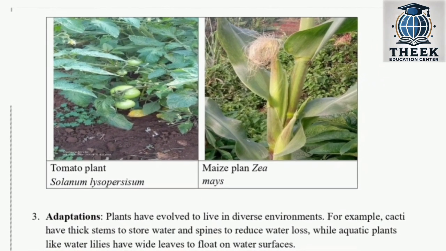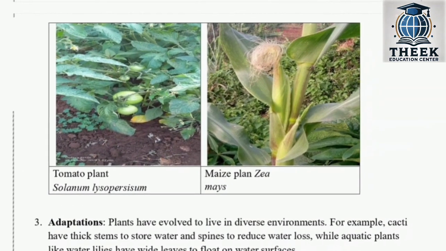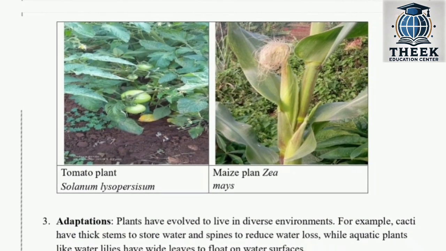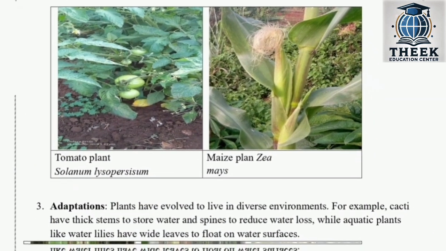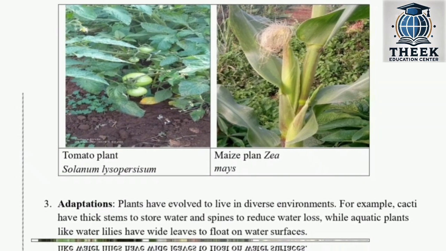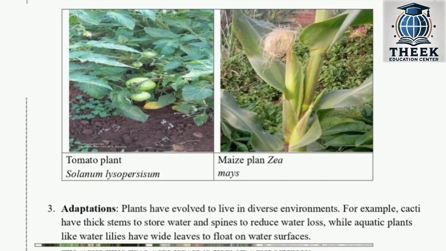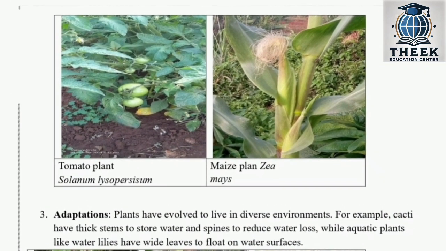While aquatic plants, these are plants that grow in water, like water lilies, have wide leaves to float on the water surface. And remember, these plants that grow in water have wide leaves to enable them to lose excess water to the environment.